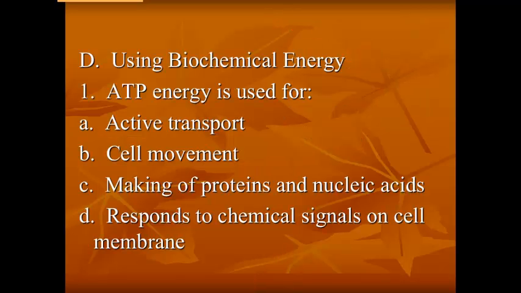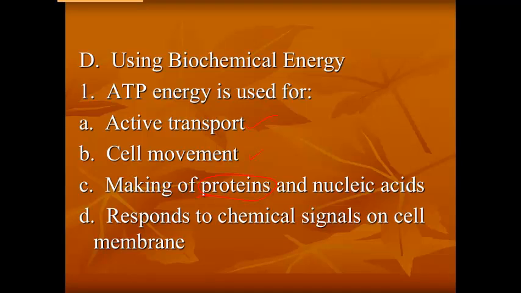Now, some other reasons or other types of energy that we might use ATP for, I did mention active transport. Cell movement. If we have a cilia or a flagella and the cell needs to move, that just doesn't happen. That takes energy. So active transport, cell movement, these are all things that need ATP. Making proteins.